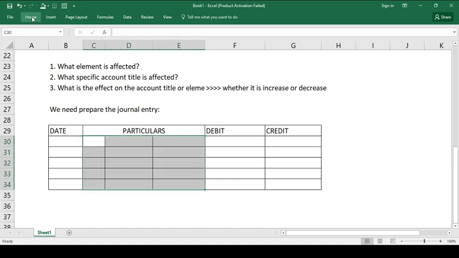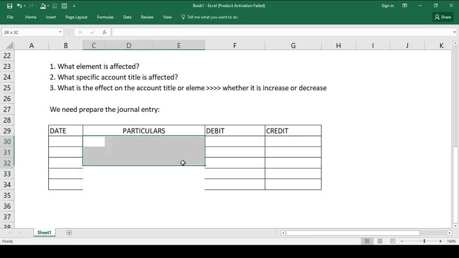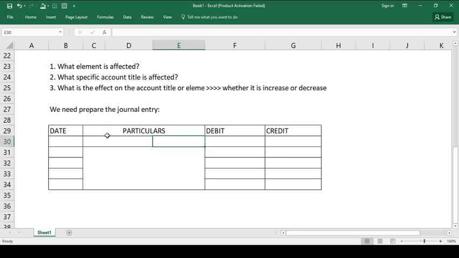Tanggalin po muna natin yung mga lines, and then lagyan po natin siya ng mga linya. Ito pong itsura na to, this is considered a general journal sheet. Yung ganitong itsura.